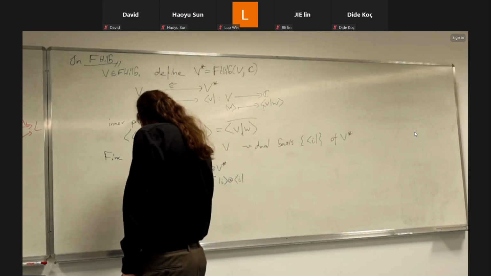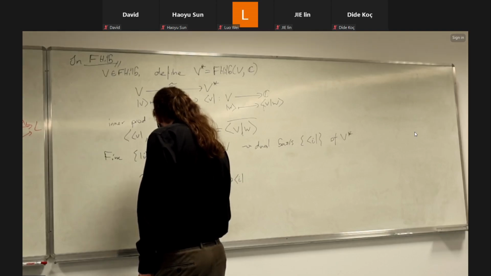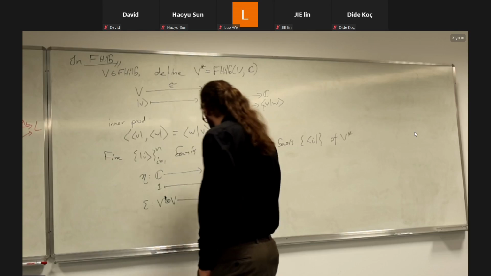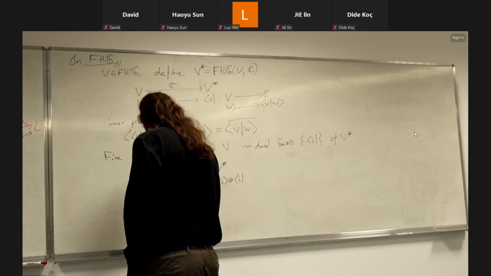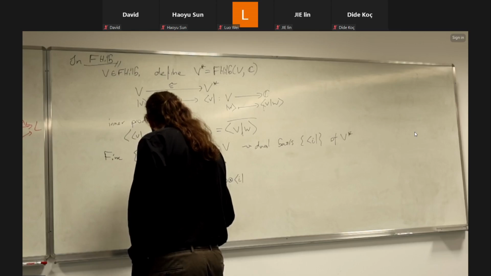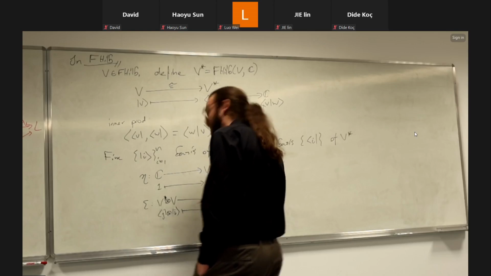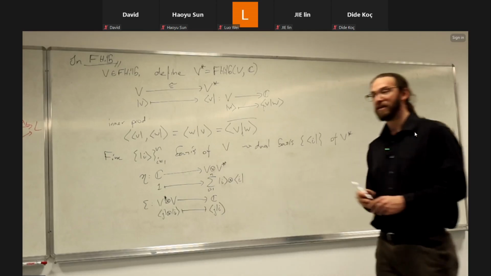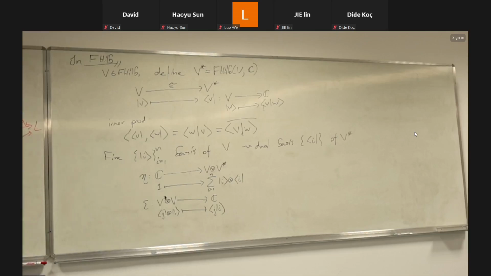and epsilon is going to go from V star tensor V to C. This is going to send J tensor, backwards, J tensor I to Ji. And you can check for yourselves that these identities are satisfied.